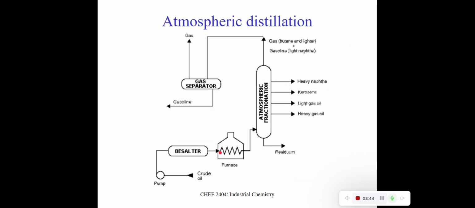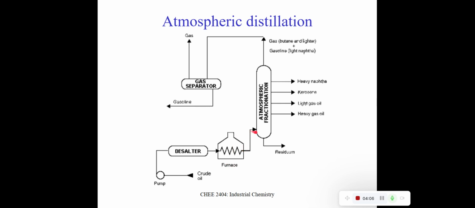As you can see here, the desalted crude oil is fed to the furnace so that it can be heated in such a way that its flash point is suitable.